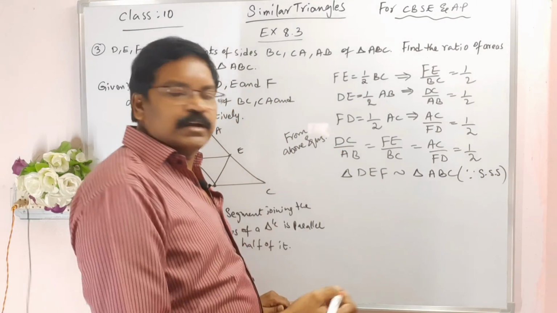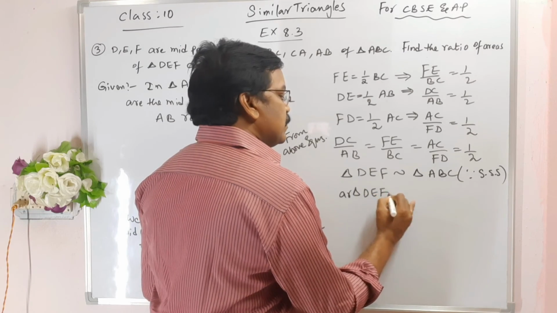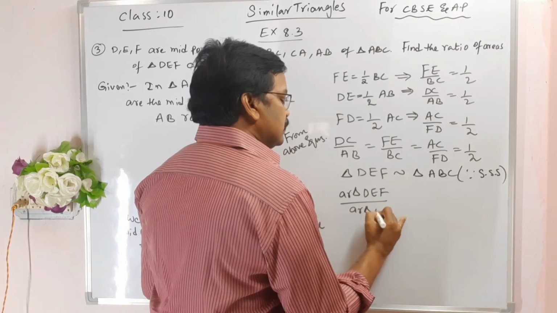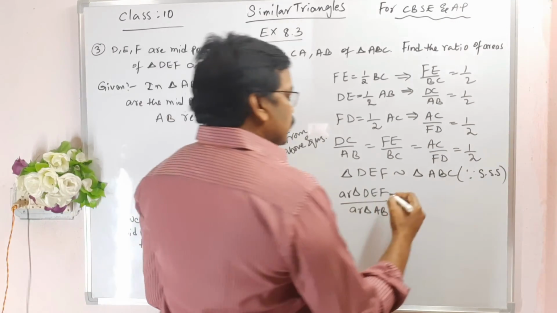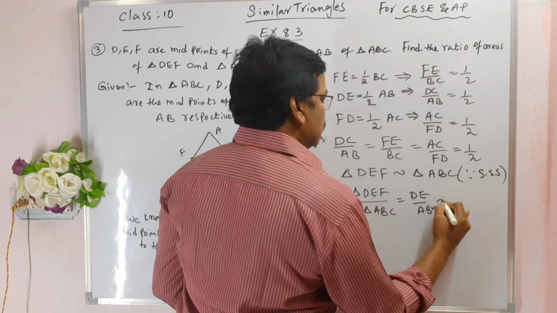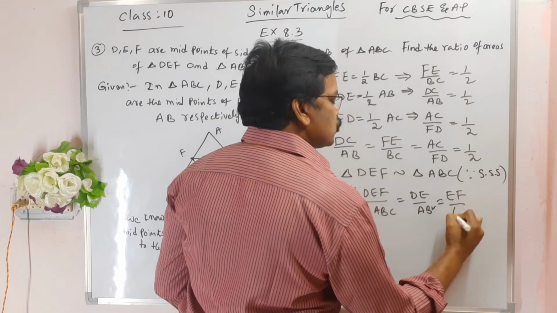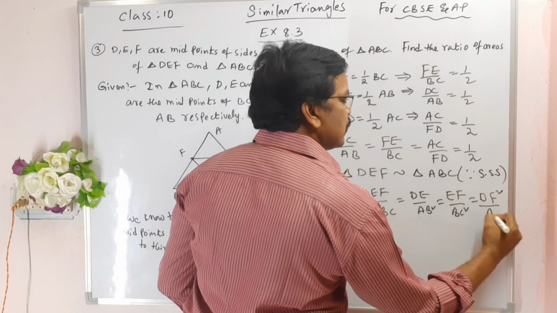Therefore, if two triangles are similar, the area of triangle DEF by the area of triangle ABC is equal to DE square by AB square, EF square by BC square, DF square by AC square.